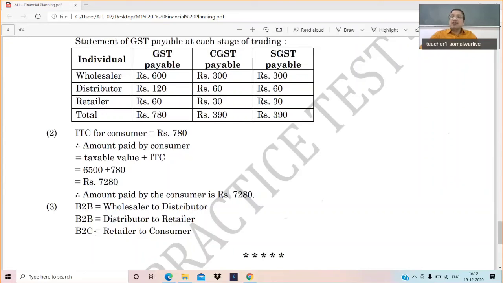But consumer does not have any GST registration, nor does he have a GST number. And so he will not claim input tax credit, he will not claim ITC, and therefore this type of tax invoice is B2C, business to consumer type of tax invoice.